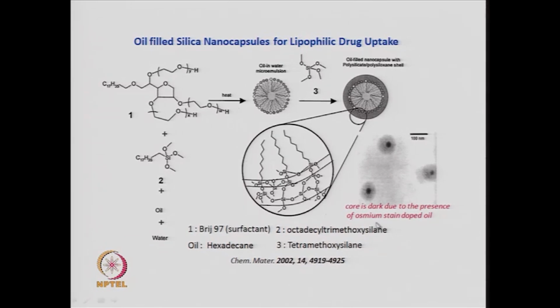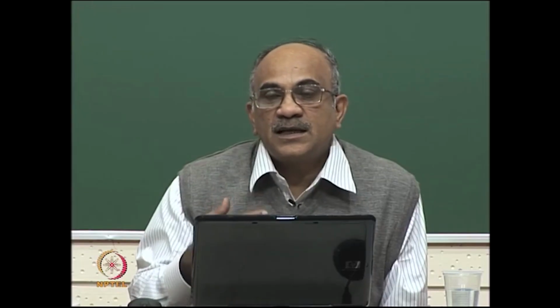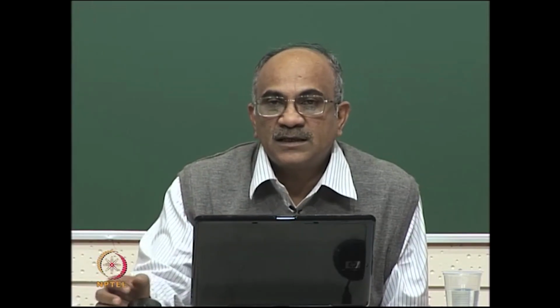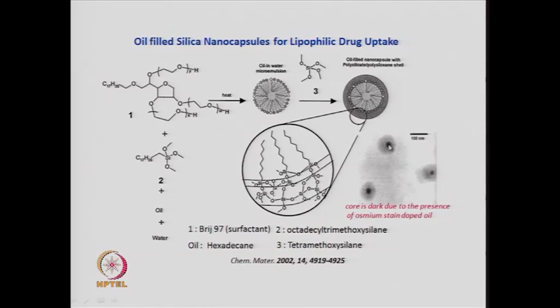That stain is basically an osmium complex, a molecule containing osmium, which is doped along with the oil. So, wherever that oil goes, this osmium molecule will go, and since osmium is a heavy metal, it has many electrons. So, it scatters the incoming electrons much more efficiently, and so you will see that portion to be very dark, because the contrast will be high whenever you have more scattering from that region.